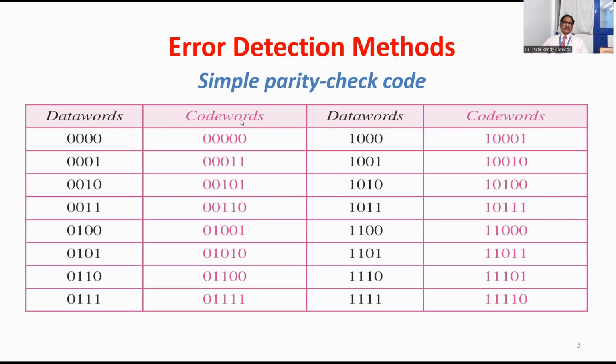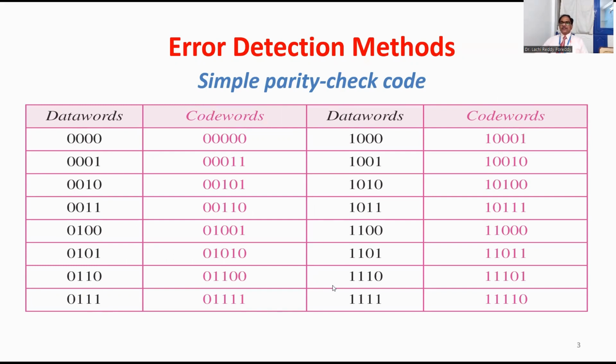For example, here we are using a 4-bit message. If you are using a 4-bit message, a total of 16 possibilities are there for the message: 4 zeros, 3 zeros and a 1, 0010, 0011, likewise, till 4 ones.